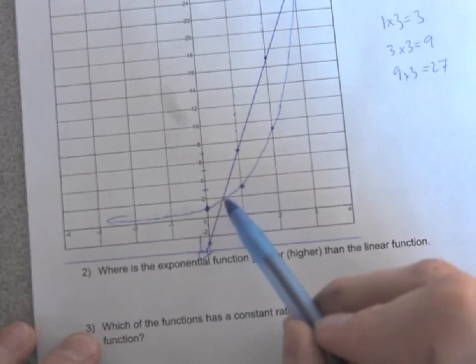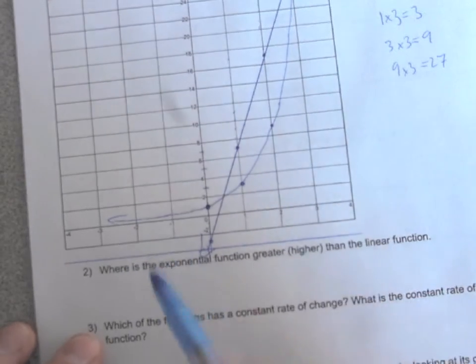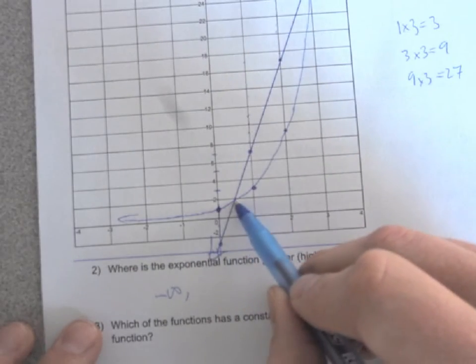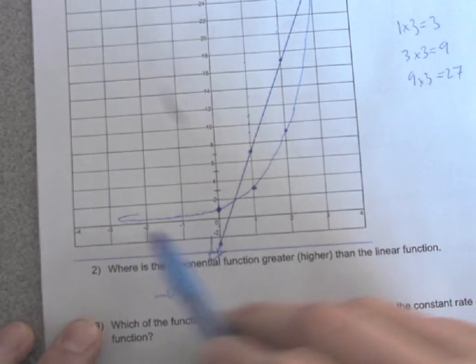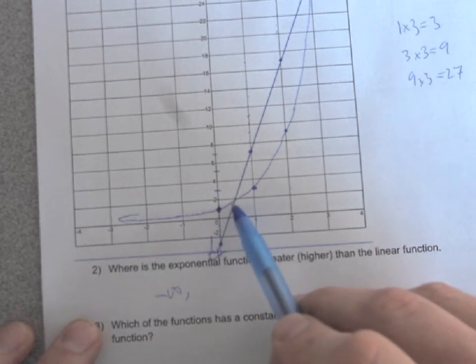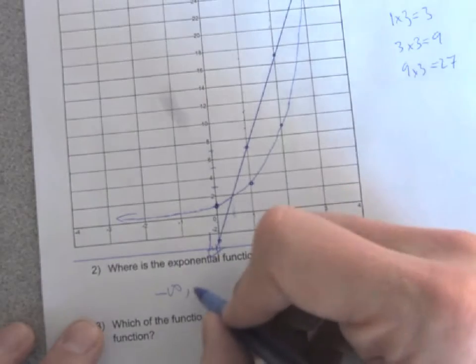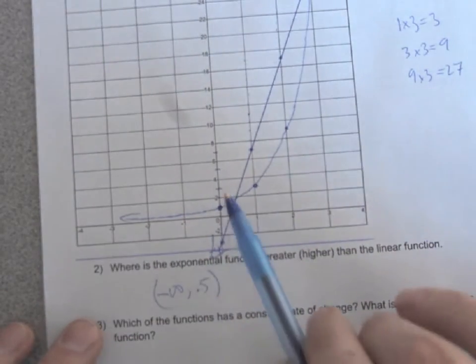It's actually higher all over here too. So from negative infinity all the way up to around here, it's higher than the linear. The linear is below it. So from negative infinity forever and ever all the way until we hit this point, which is about, I don't know, half maybe, we are bigger than the linear.